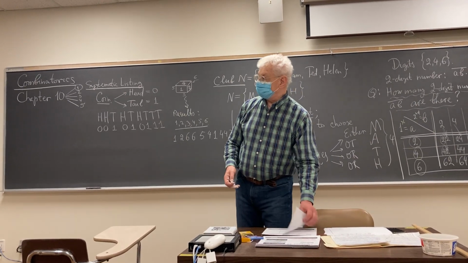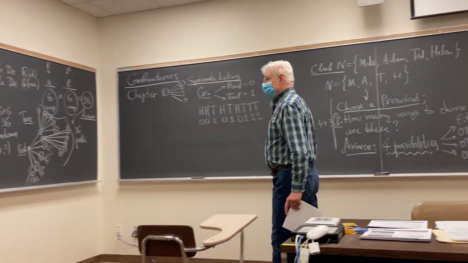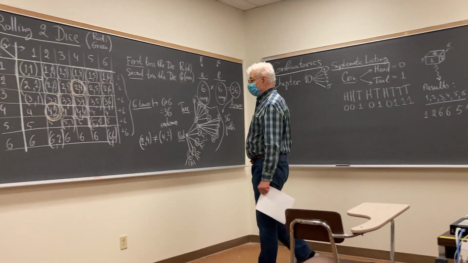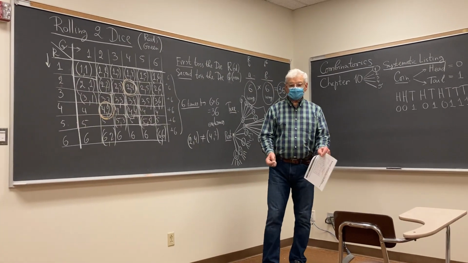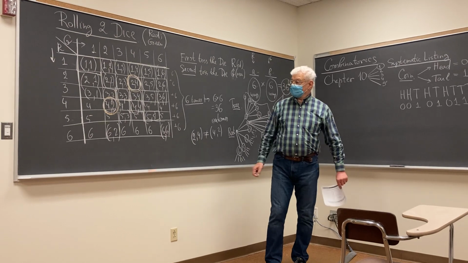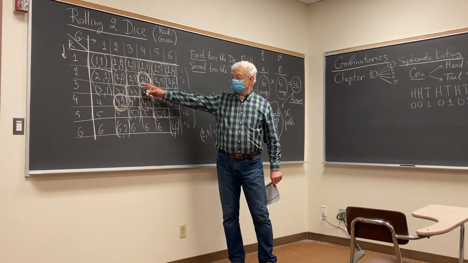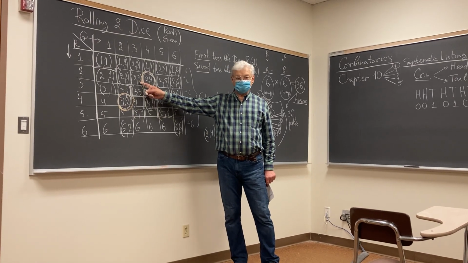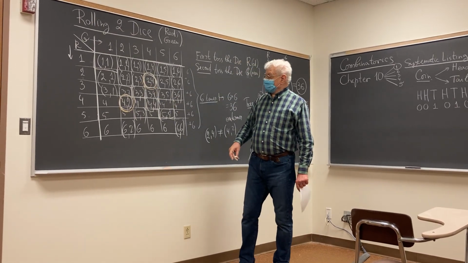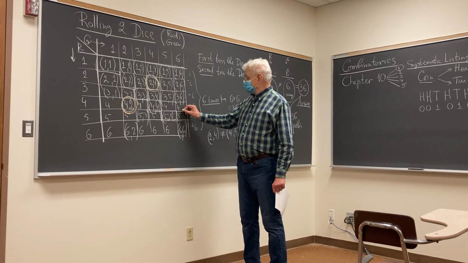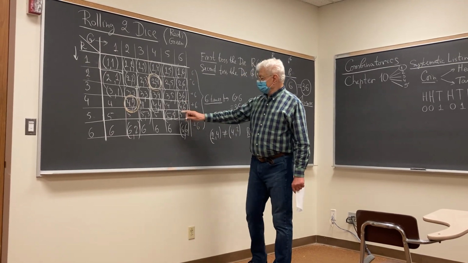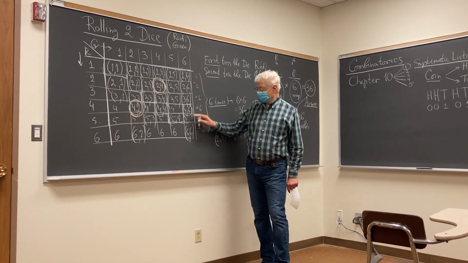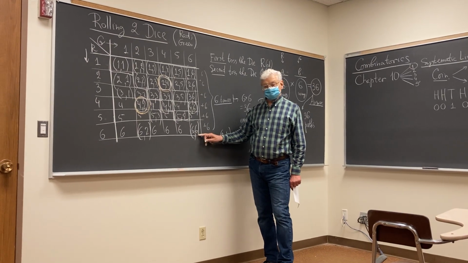By the way, that table can also solve the following problem. For example, I toss 2 dice, and once I have an outcome, say 2, 3, I can calculate the sum. 2 plus 3 will be 5. Here, for example, 4, 6, the sum is 10. 6 and 6 is 12.